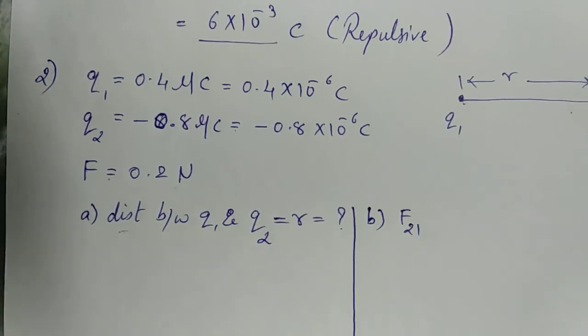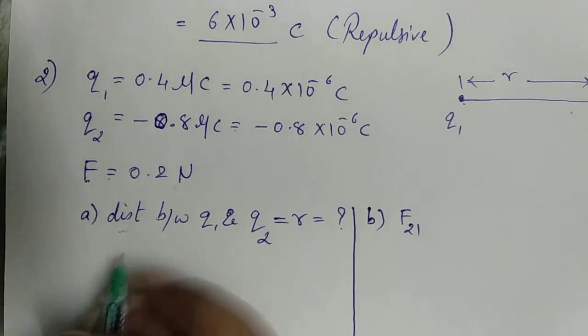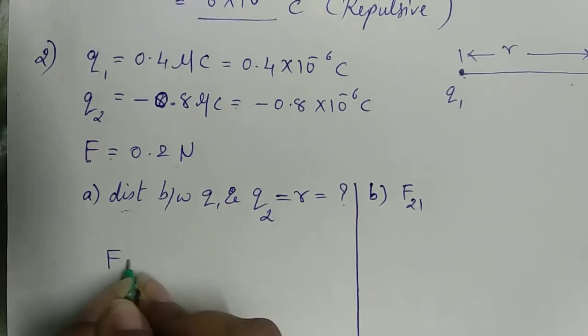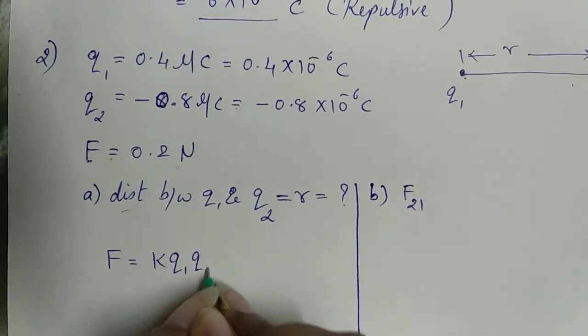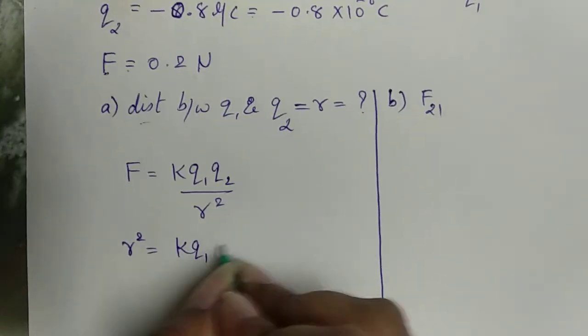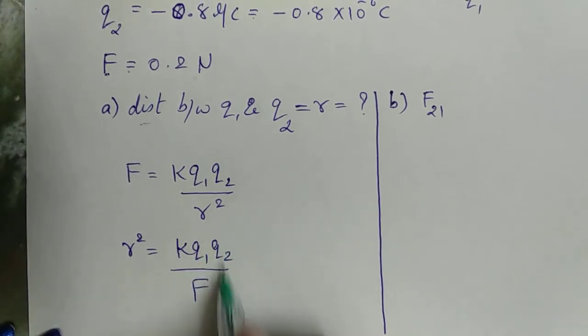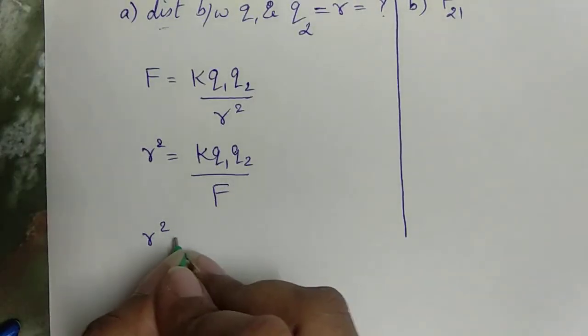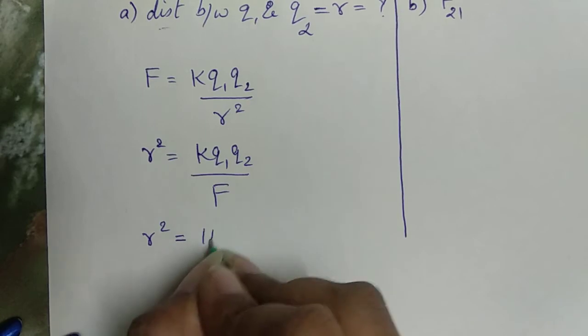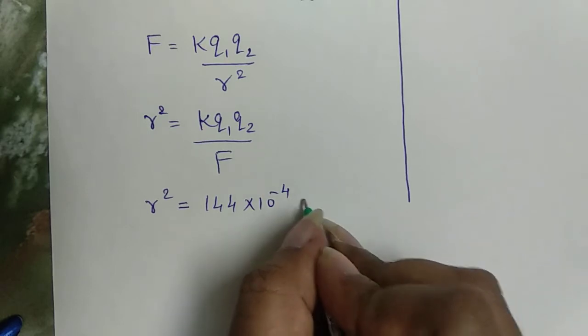So how will we calculate? Suppose this force is given. You all know that this is electrostatic force which is obtained from Coulomb's law, that is F is equals to K Q1 Q2 upon R square. From this equation we'll make R square the subject, so it will give you K Q1 Q2 upon F. Now after substituting all these values, you are going to obtain R square is equals to 144 into 10 raised to minus 4 meter square.